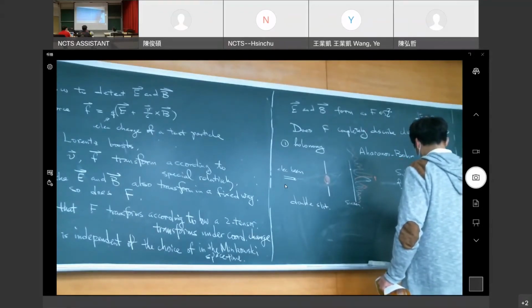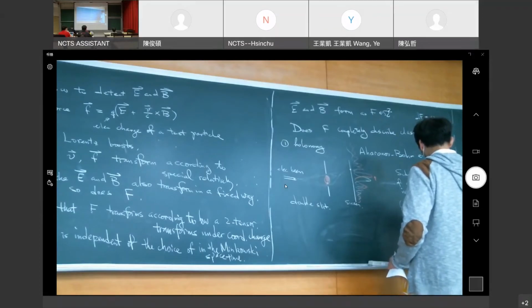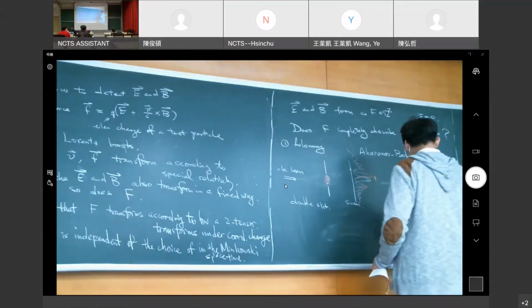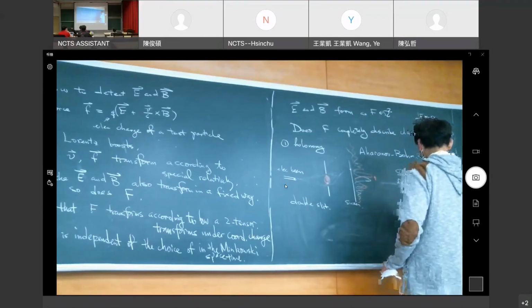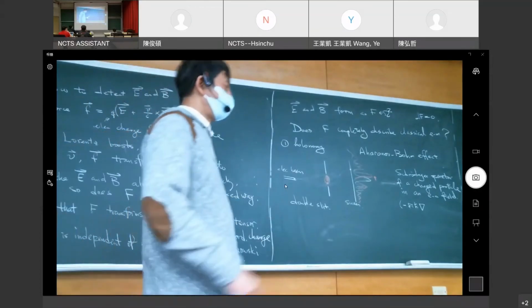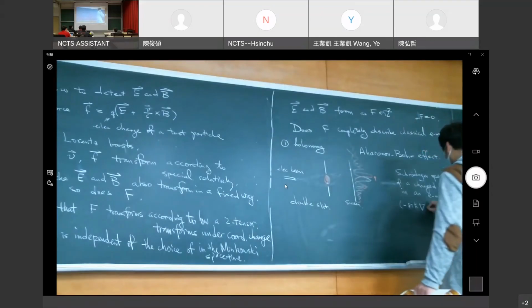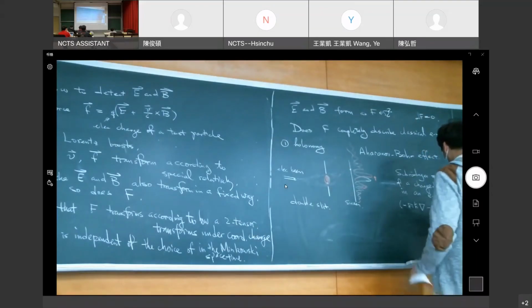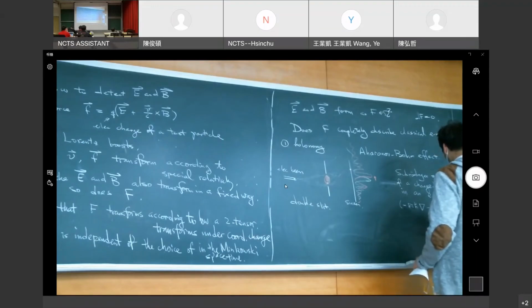Usually the momentum is minus i h bar d/dx, or that's the gradient nabla. But when we have, let's say, a magnetic field, then there's an additional term which is charge divided by c, and then there is a vector potential.